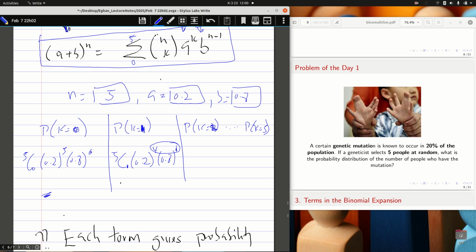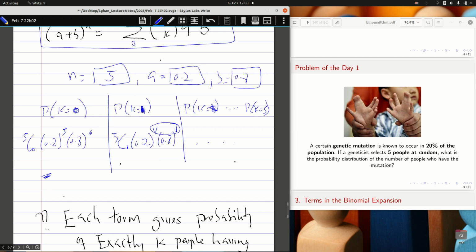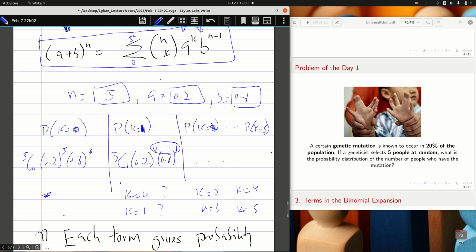These properties must hold. So let's find the probability that no one has it, k as 0. Only one person has it. 2 people have it. 3 people have the mutation. k equal to 4 people. k equal to 5 people with the mutation. Let's find answers to this and then put them in our comment section.